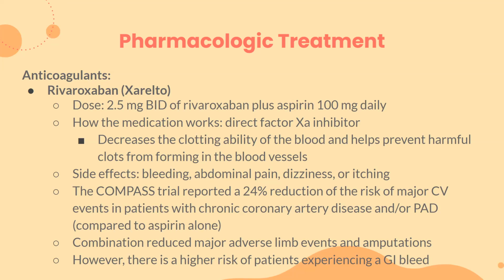And also, patients with PAD have accompanying, as we said, diabetes, high blood pressure, and hyperlipidemia, which are all cardiovascular contributing disease states. So this is very attractive for us. However, as we would expect, patients are at risk of experiencing a higher GI bleed risk because they are on two medications with bleeding side effects.